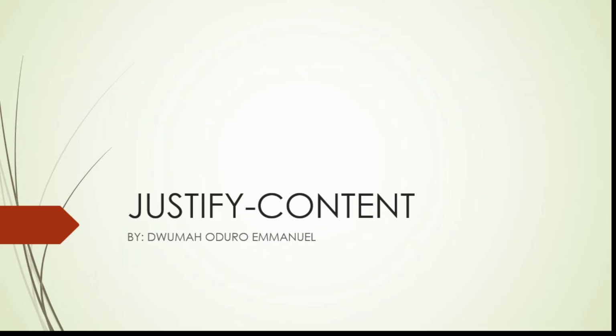This lesson will focus on one of the properties of Flexbox called justify content. Now, this property is also a property that is applied on the container and not the items themselves. So don't apply this particular property to the items directly, but rather to the containers.